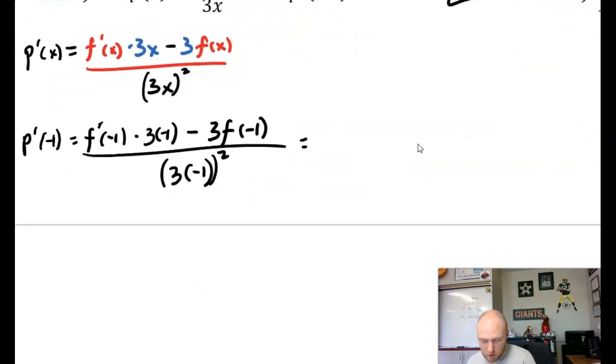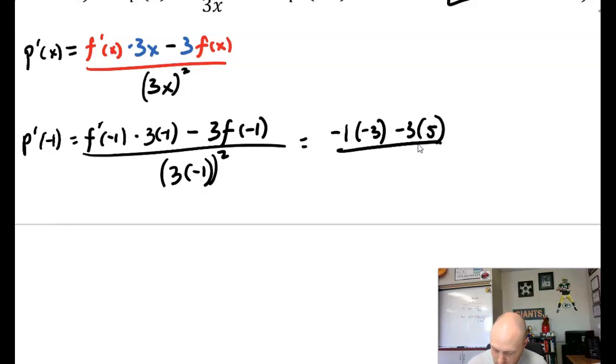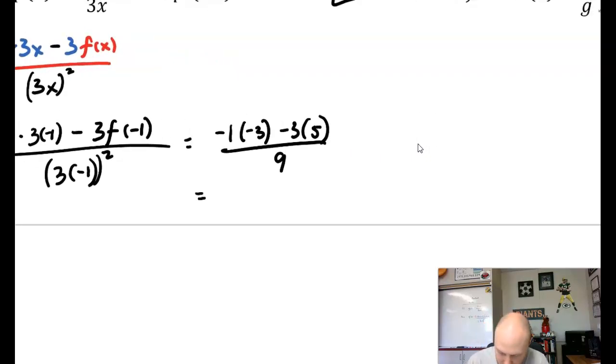So I'm going to plug that in. -1 times -3 minus 3 times 5, which was our function value, over -3 squared, which is 9. Okay. So we get 3 minus 15 over 9, which gives us -4/3.